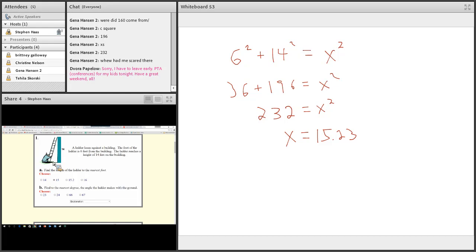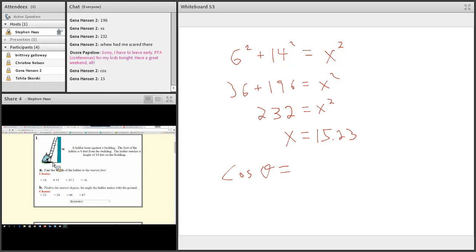Well, really, we can use any trigonometric function, right? Which trigonometric function should we use? Doesn't matter which one. Fine, let's use cosine. Good. So cosine of theta, we don't know what it is, so we'll call it theta, equals the adjacent over the hypotenuse. What's the adjacent to this angle over here, where the ladder meets the ground? Not 15. That's the hypotenuse.